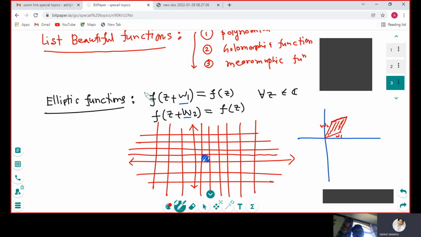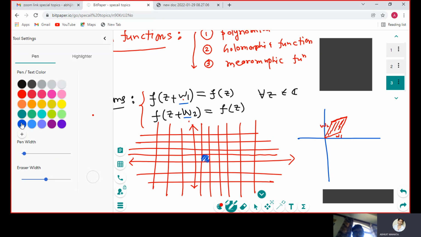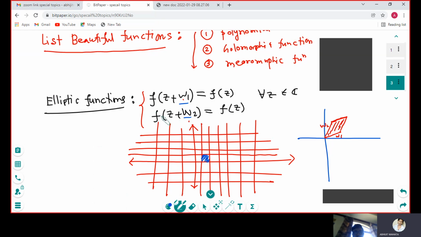Now, if you have an elliptic function with periods w1 and w2, it's similar to a periodic function from R to R. At that time we saw that if the function is defined on an interval of length the period, then you can determine the functional value at any point on the real line. Otherwise, you can say, if you know the graph of the function on this interval, then you can draw the graph for the rest.